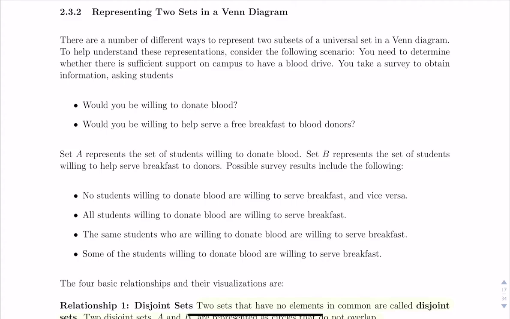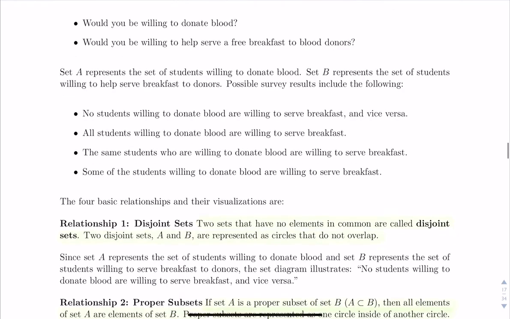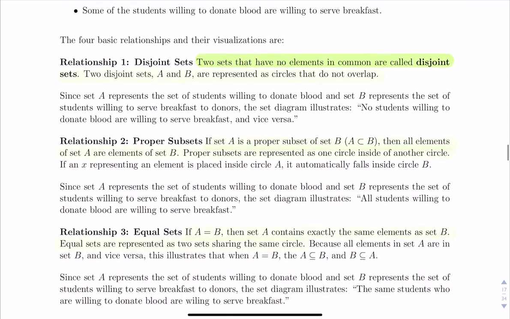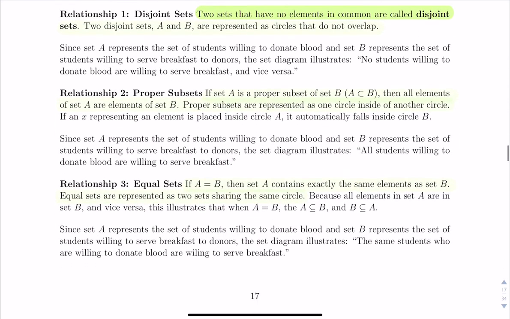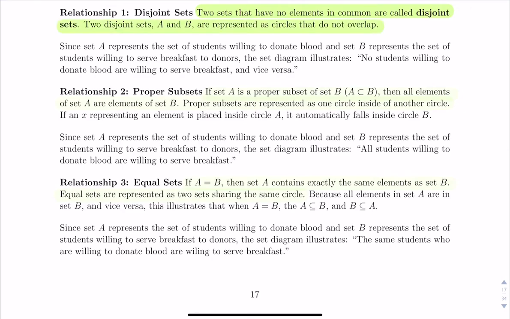That's when 2 sets have no elements in common, and these are disjoint. This is represented by two circles that do not overlap. Since set A represents the set of students willing to donate blood, and B is the set of students willing to serve breakfast to donors, the diagram would illustrate that no students willing to donate blood are willing to serve breakfast, and vice versa.